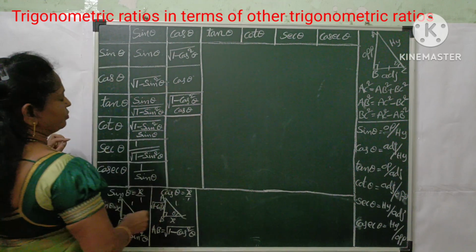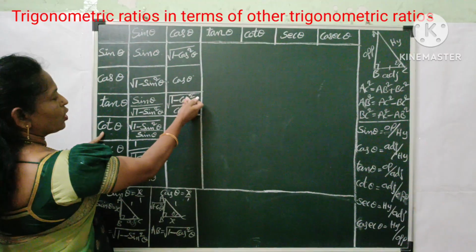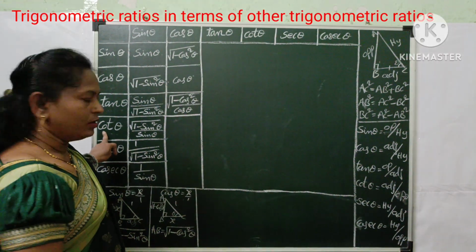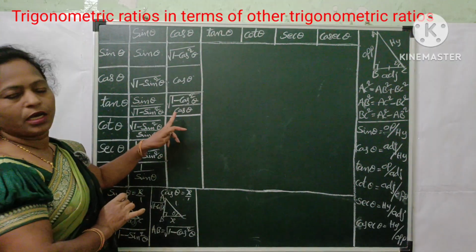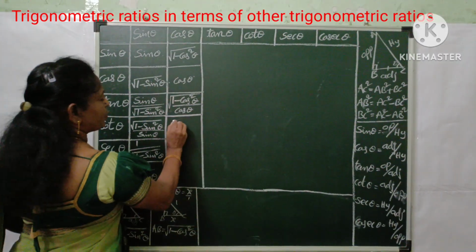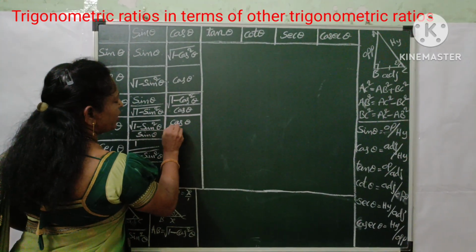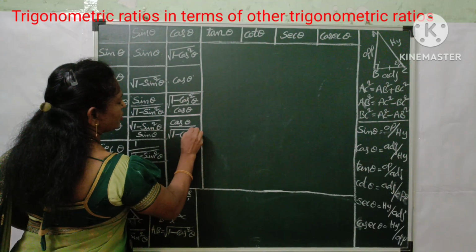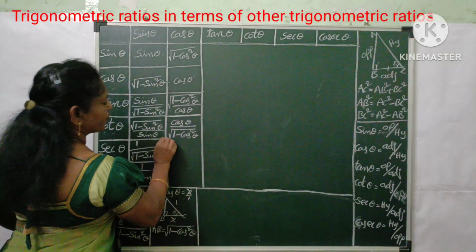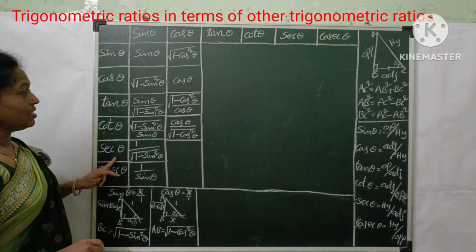Next, cot theta, reciprocal of tan. Here tan theta is square root of 1 minus cos square theta by cos theta. Reciprocal: cos theta by square root of 1 minus cos square theta. Next, secant theta.